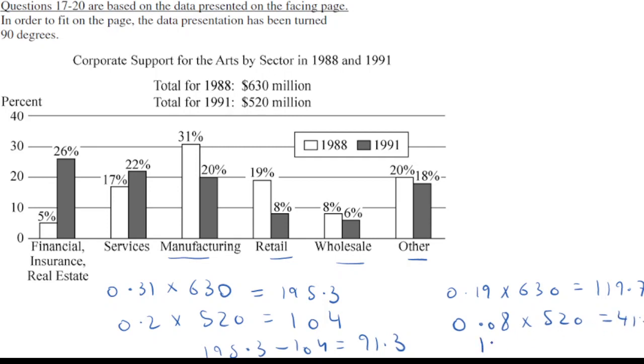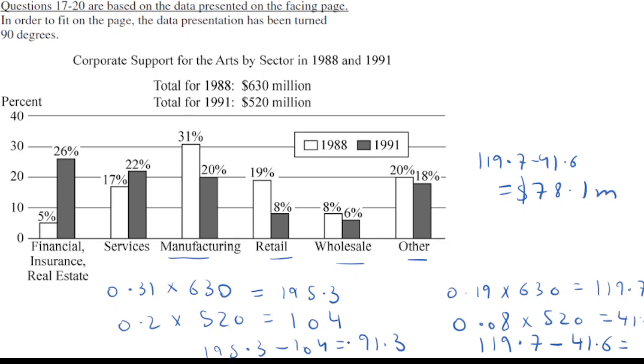Now, the absolute decrease for the retail sector is 119.7 minus 41.6, which comes out to be $78.1 million.